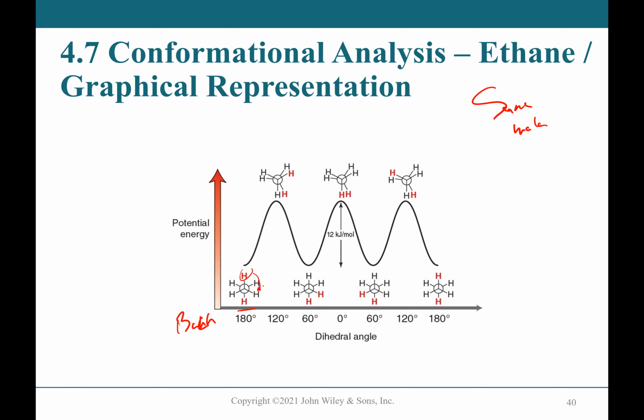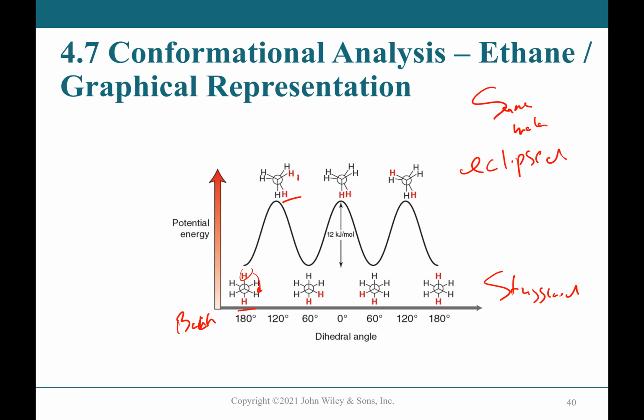See, they're rotating it down. They rotate it over and back to the same position. This is your staggered position. Here's your eclipsed. And they're keeping that back hydrogen in the same position, and they're just rotating this one around.